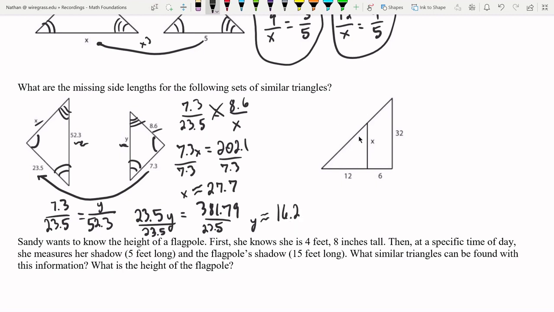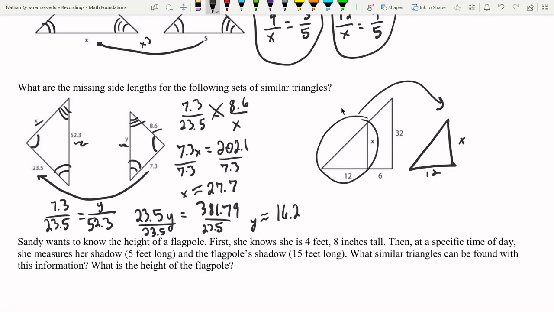Okay, this next triangle is a little bit weird because we actually have two overlaid triangles. I can take this inner triangle here and separate it if I wanted to, to get x and 12. And what this does is it tells me that this angle and this angle are the same, this angle here and this angle here are the same, and this angle here and this angle here are the same.